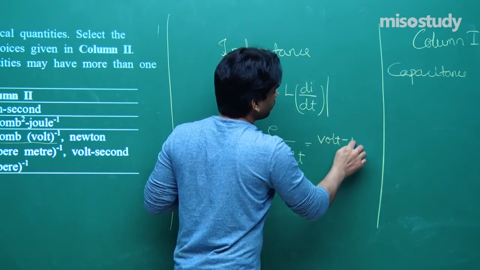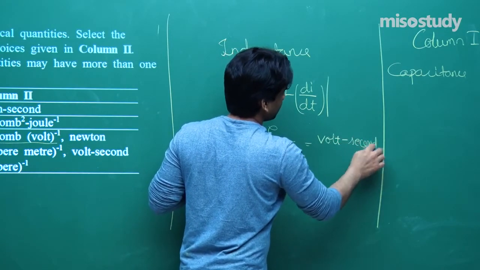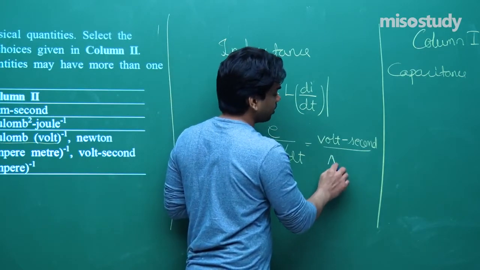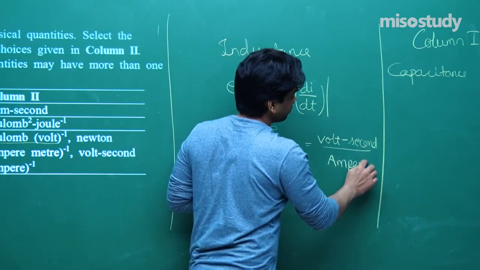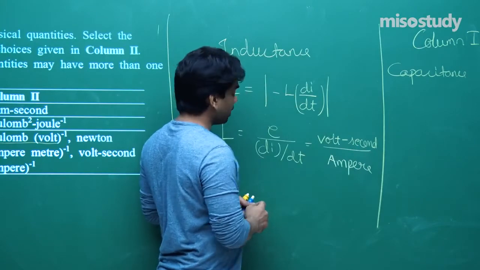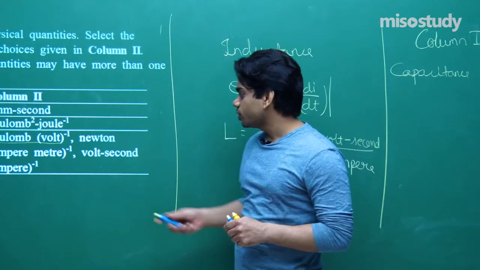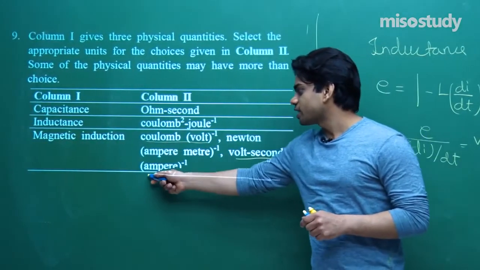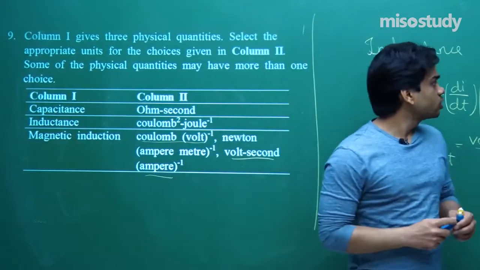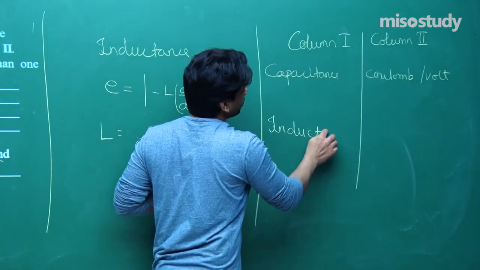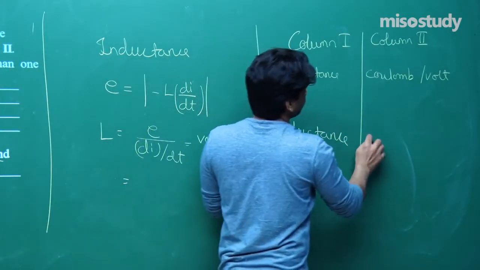Time will come in the numerator, volt second. Now di we have for current, so I will write ampere for current. So now you see volt second per ampere. The matching unit, volt second per ampere, is matching for inductance. So let me write for inductance, volt second per ampere we are getting.